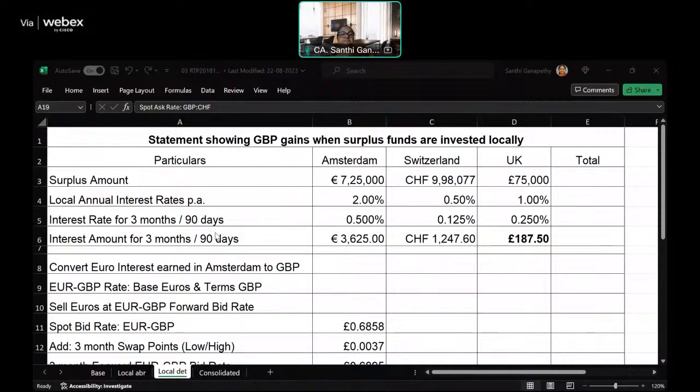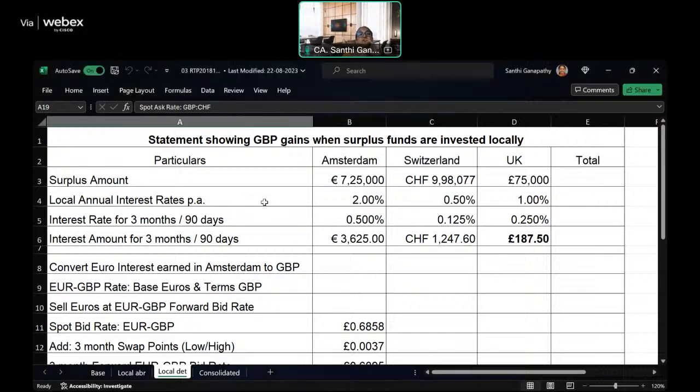So what do we say? When surplus funds are invested locally, you have the surplus amount in euro, in CHF, and in GBP.